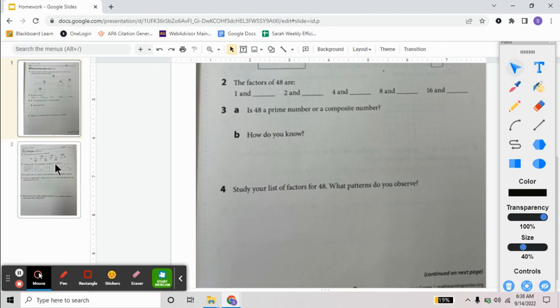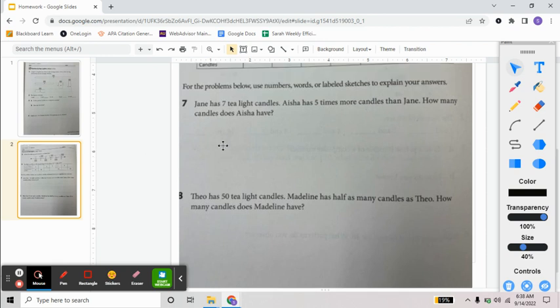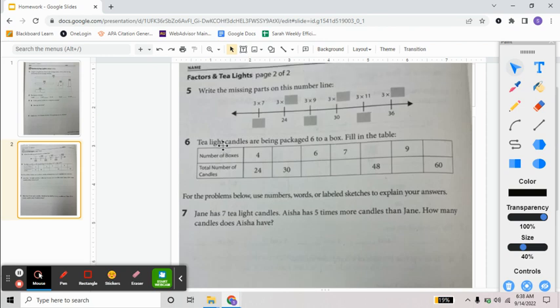So the next slide. This is page 8. Let's turn to page 8. 5. Write the missing parts of the number line. So 3 times 7 is 21. 3 times a number equals 24.